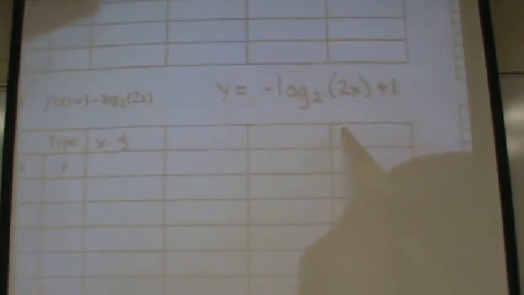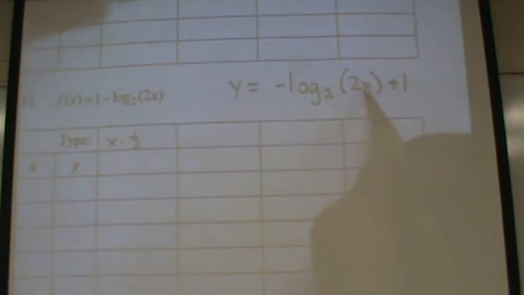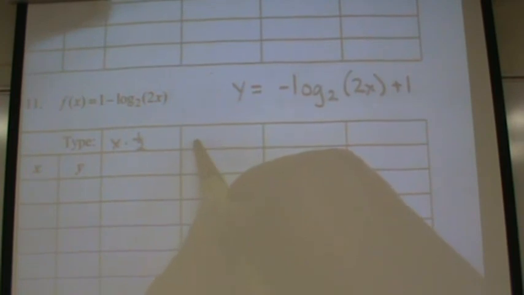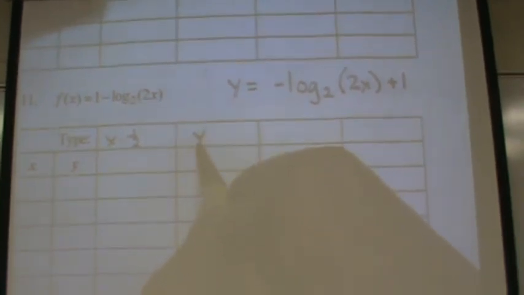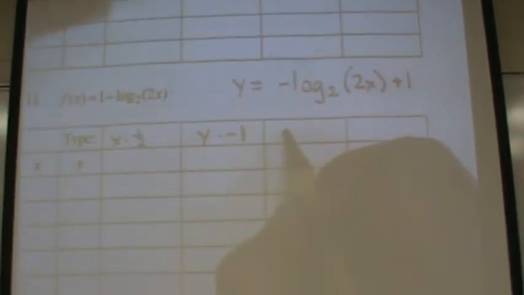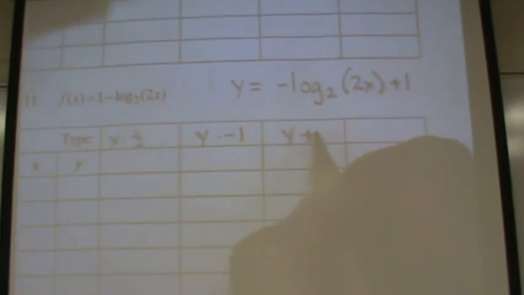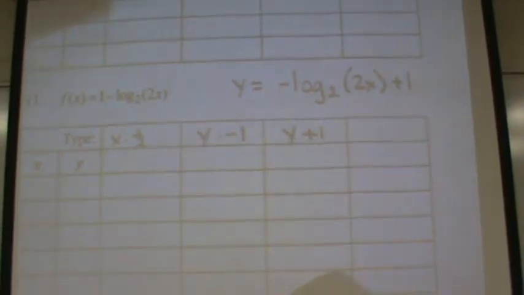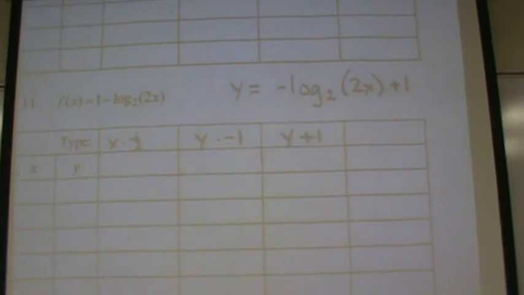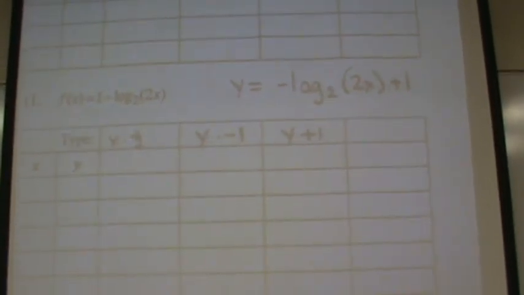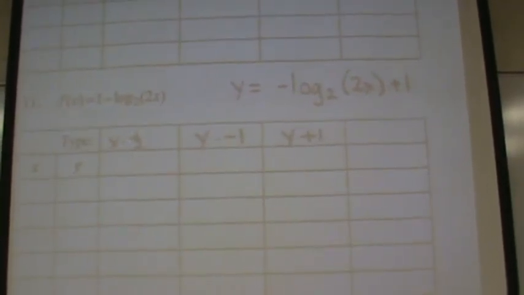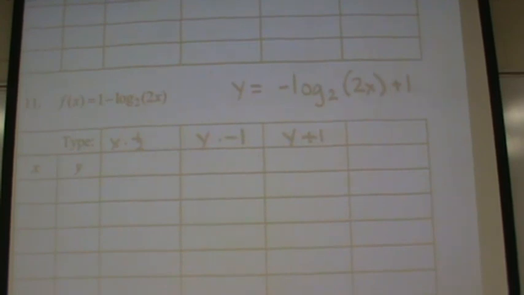Okay, you get that? So for this one, you're gonna multiply the x values by 1/2. Then for the next step, you're gonna multiply the y values by -1, and then you're gonna take the y values and add 1 to them. So you may not have to use this whole chart. Okay, that's your assignment.